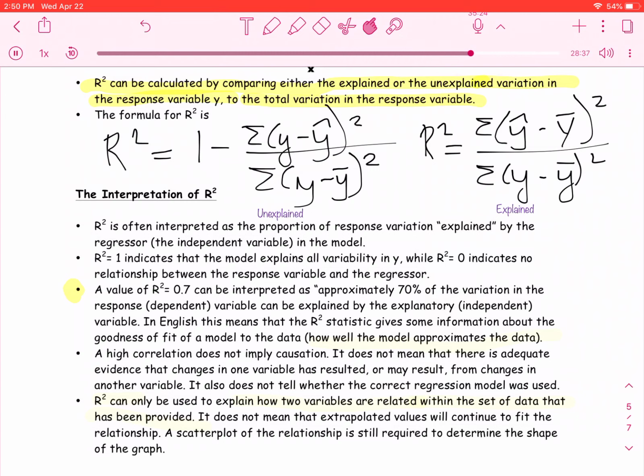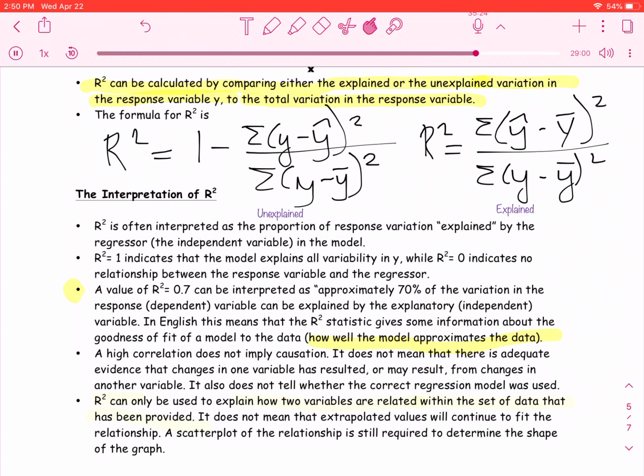It can be interpreted as approximately 70% of the variation in the response, so looking at your dependent variable, can be explained by the explanatory, the independent variable. So in English, this means that the R squared statistic gives some information about the goodness of fit of a model to the data. So how well the model approximates the data.